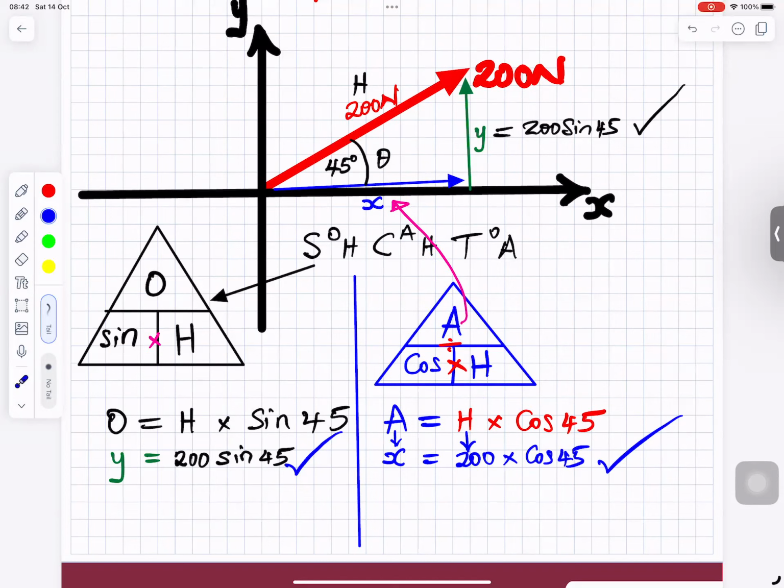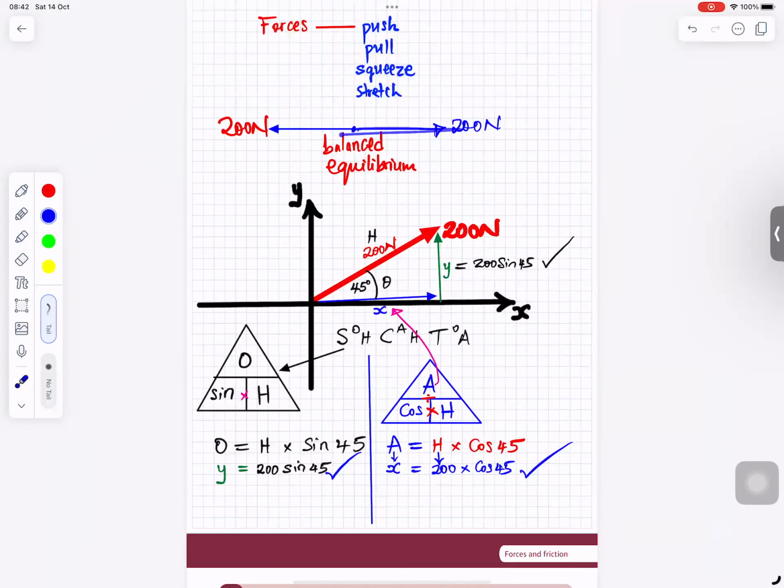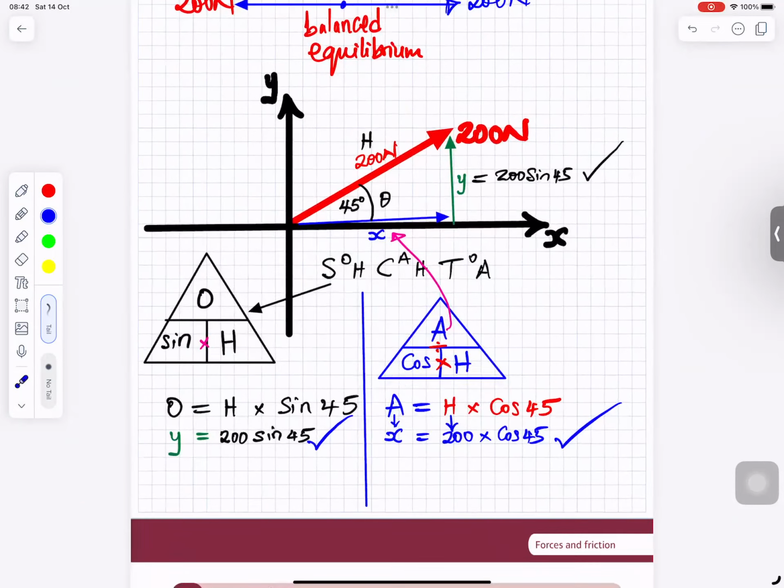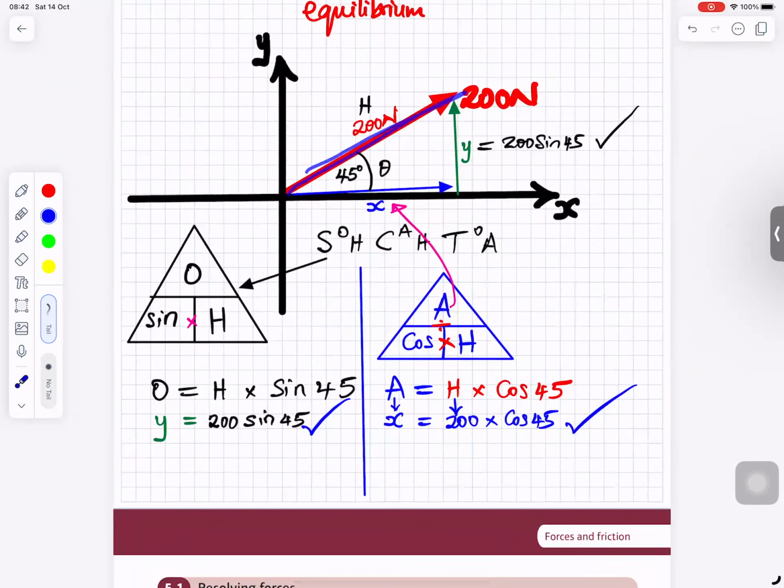So when you have a force which is straight, like 200 horizontal, you could just use it without changing it. If a force is going up straight, you use it without changing it. But if a force is coming at an angle, you have to change it to the vertical and to the horizontal before you use them in calculations.